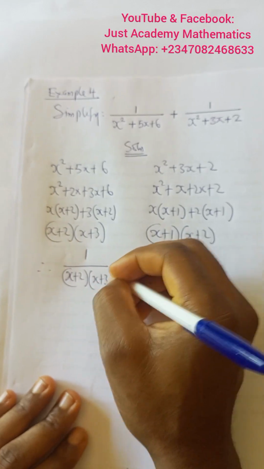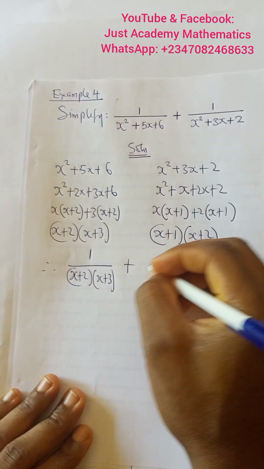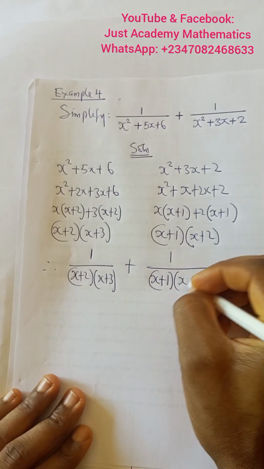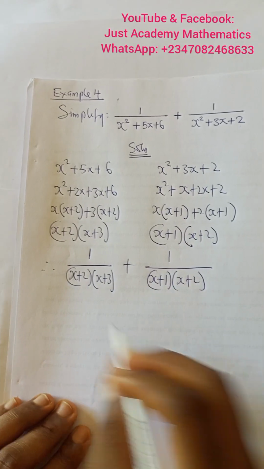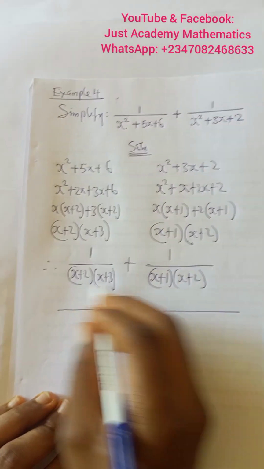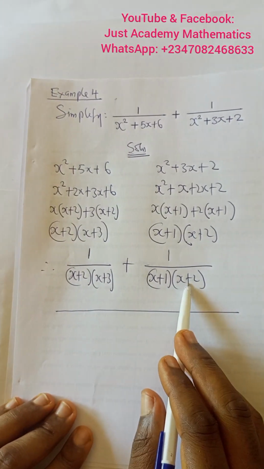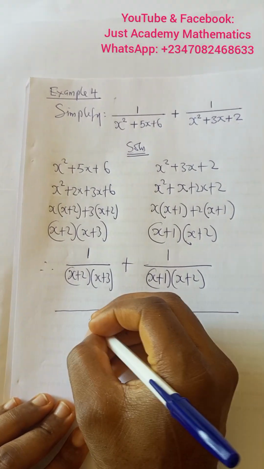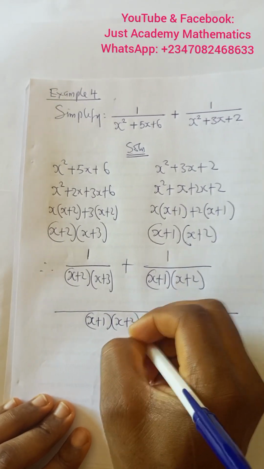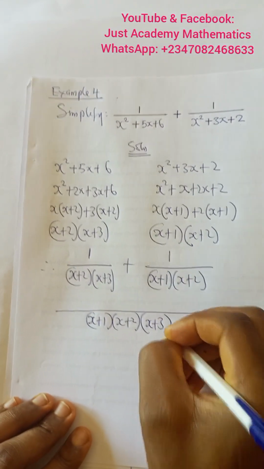So with this now, we can see obviously that s plus 2 is common here. So the LCM will be s plus 1, s plus 2, s plus 3. That is the LCM.